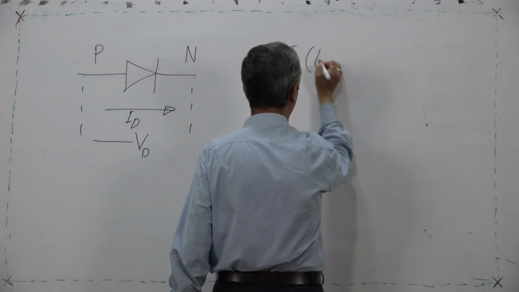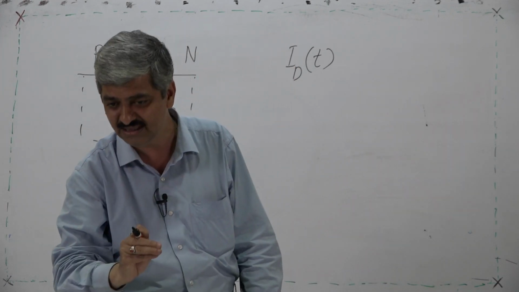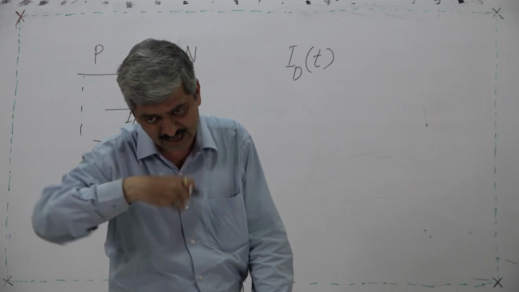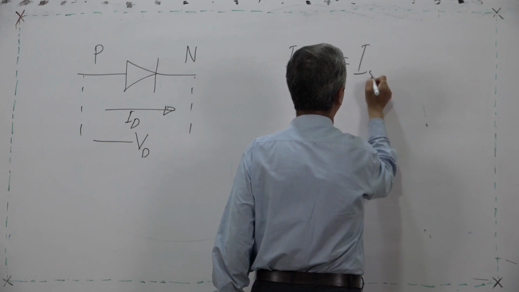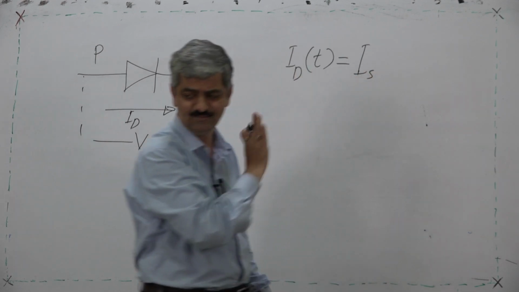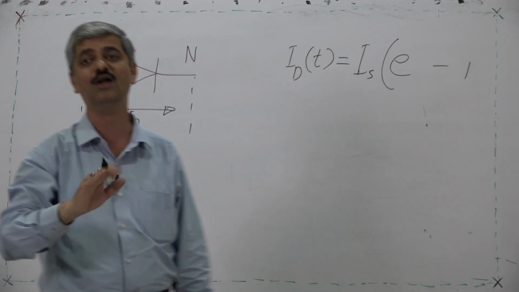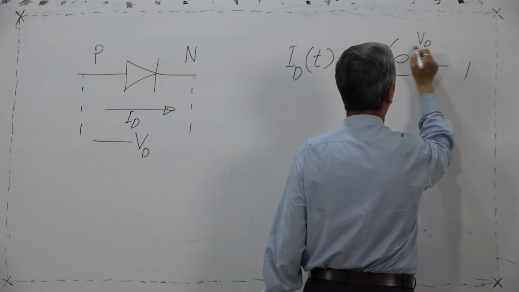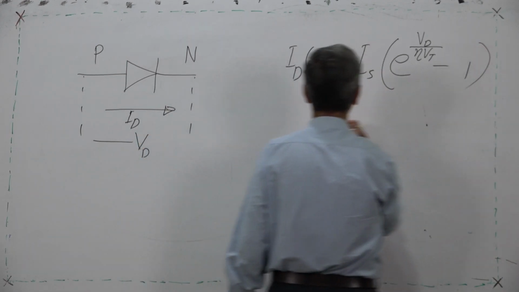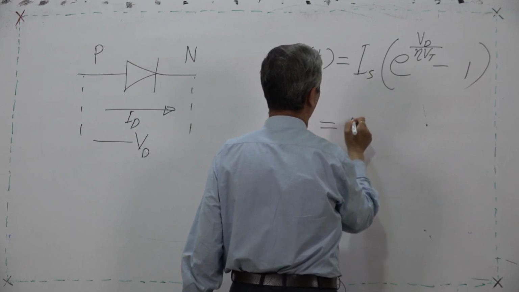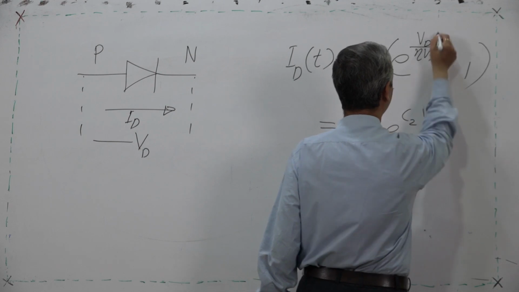So, Id at any given point in time, this T we will remove, but I am telling you right now to stress that diode is a 0th order device, meaning there is a relationship between current through the diode and voltage across the diode instantaneously. So Id(t) is equal to Is, some constant, the reverse saturation current, into e raised to something minus 1, and in that exponent we have voltage, Vd upon eta Vt, related to temperature and all that, but for us we can say Id(t) is equal to some constant C1 into e raised to some other constant C2 times Vd(t), minus 1.